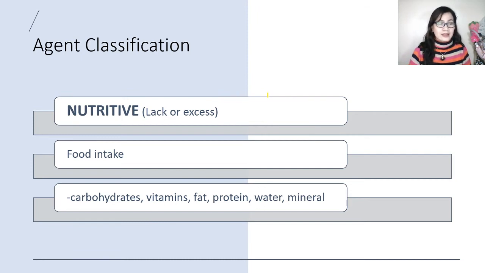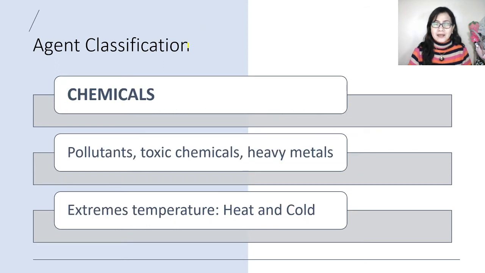Again, they can be classified as an agent. Chemicals are pollutants, toxic chemicals, and heavy metals. Extreme temperature can also be an agent, so let's classify extreme temperature as part of the physical.